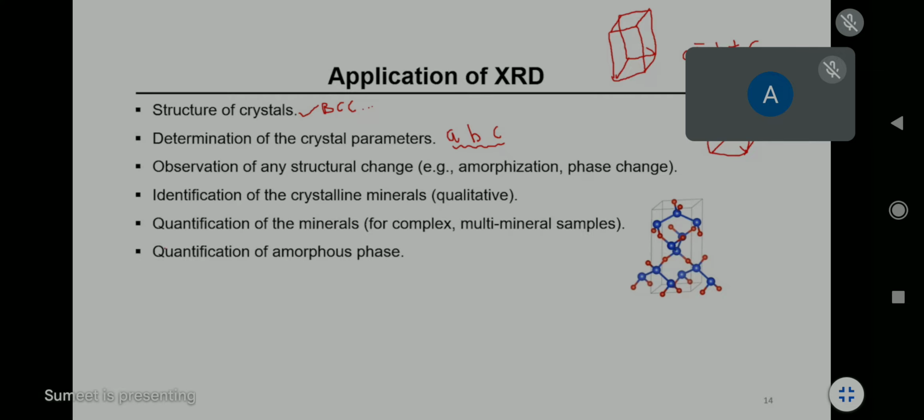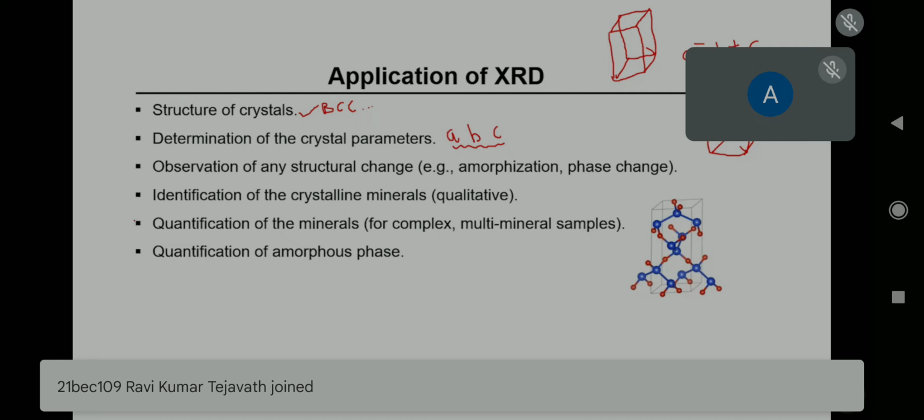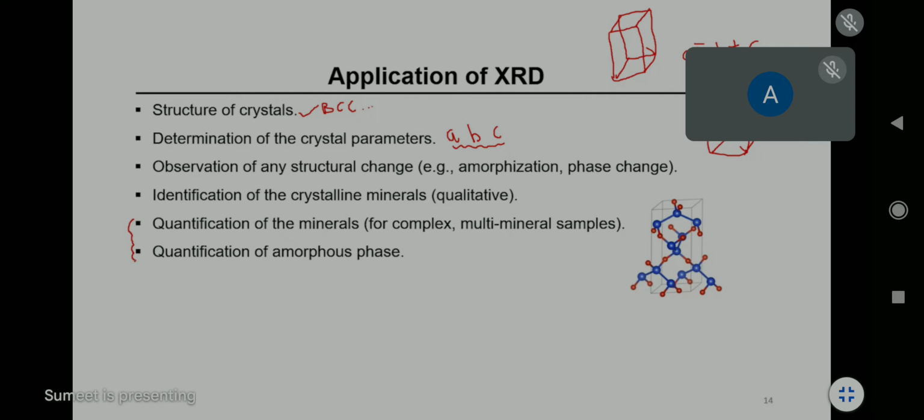So these points basically refer to the research perspective. People who have their research area pertaining to XRD go into these particular directions. But you need not worry about this.